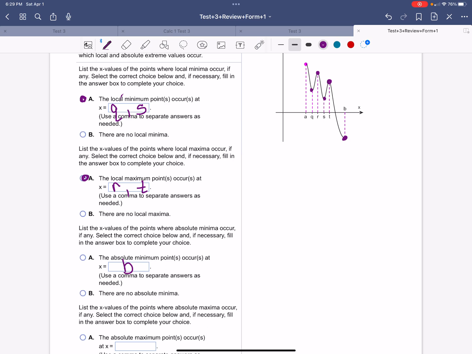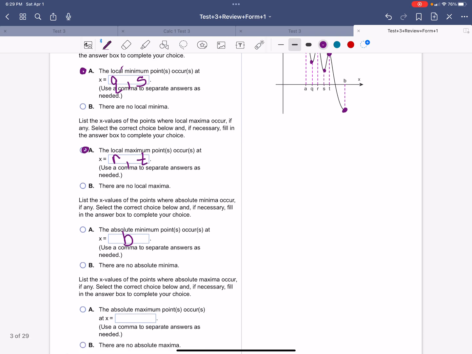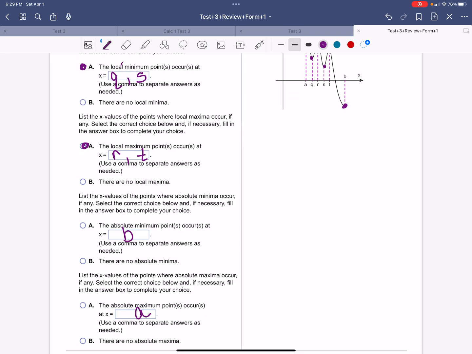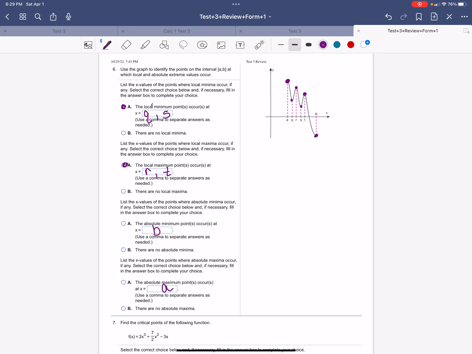Then we have an absolute maximum, and that occurs at another endpoint, and that's our highest value, and that is when our x value is a. Okay? And so that is some graphical representation of what we are doing with our absolute max and min and our local max and min.